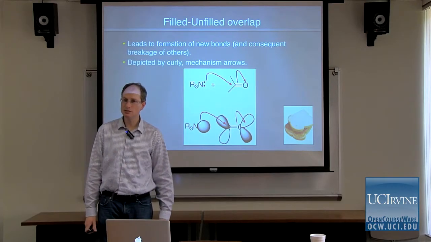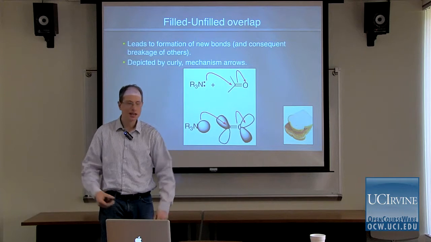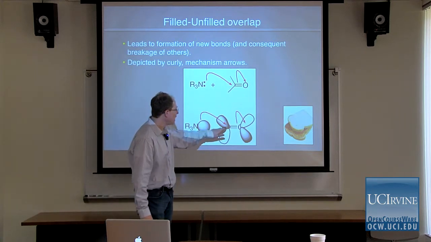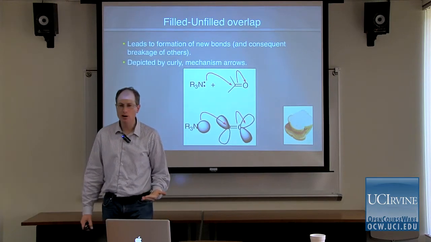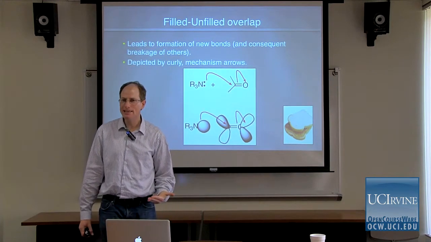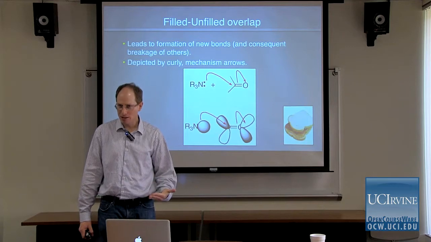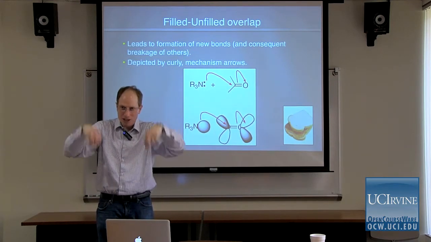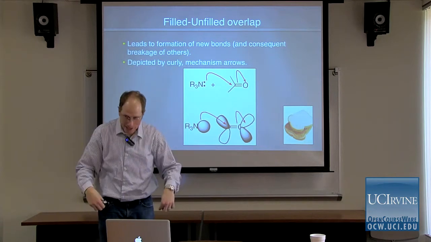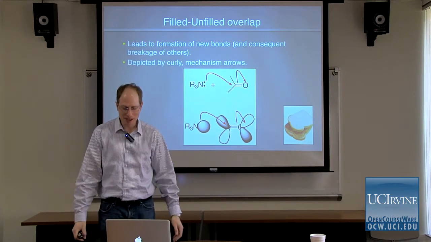This is good news, right? This totally makes sense, because what we're doing is we're populating this antibonding orbital, and in doing so, we're making that pi bond break, right? If you put electrons into an antibonding orbital, what does it do? The bond breaks, hence the name antibonding.